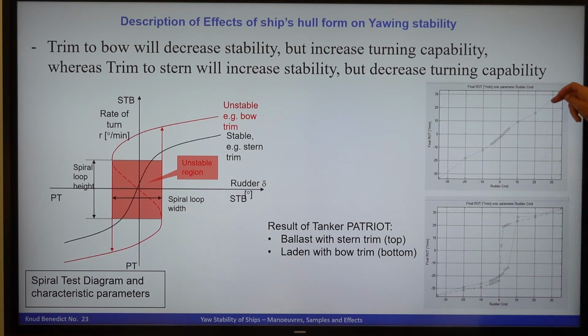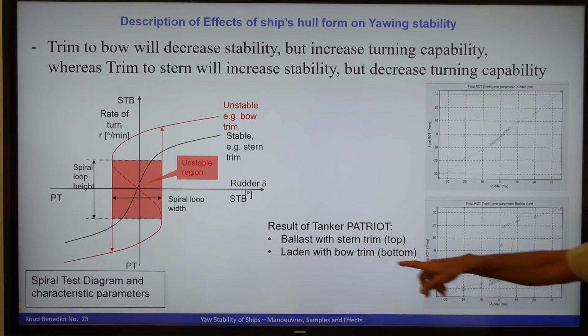So you see the result is nearly a straight line for the rate of turn. If you use this rudder, it always increases the turning rate by a fixed linear ratio. And this is the same vessel, but in bow trim.